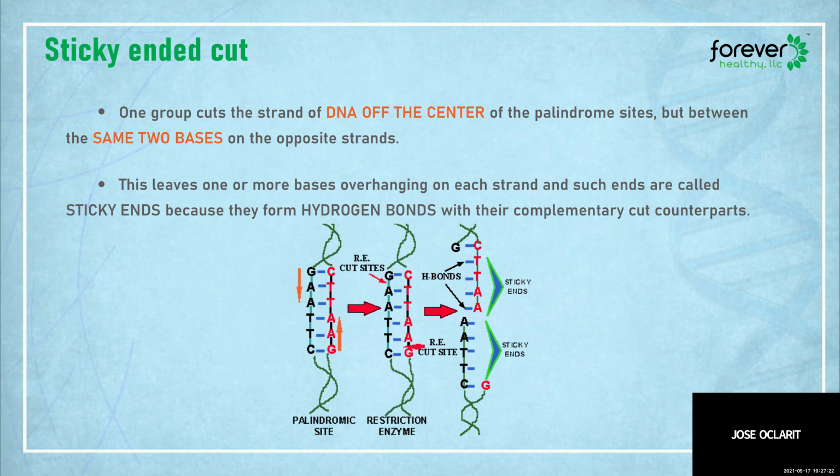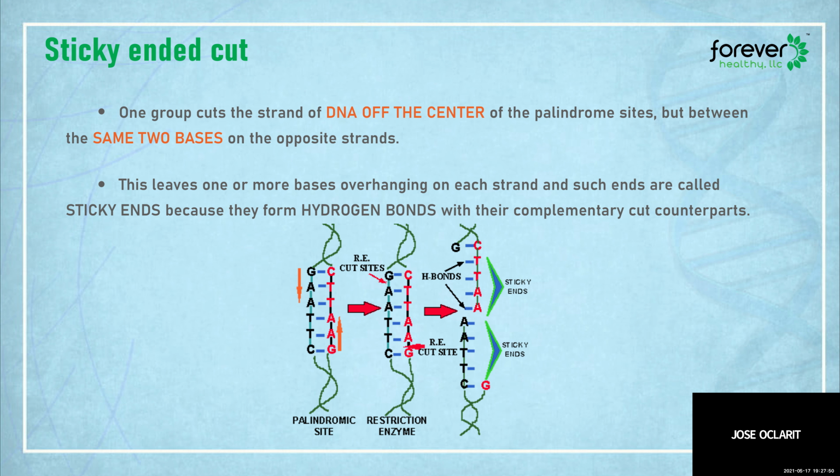Why is the term sticky? Because naturally, let alone in a solution, G will always look for C and A will always look for T. That's why they are naturally paired. Therefore, without any manipulation, if you have DNA with sticky ends like that, they will naturally combine without difficulty.